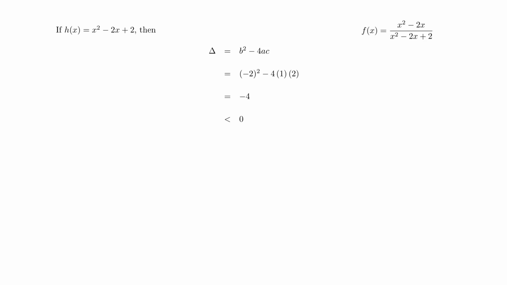Hopefully, you remember that if the discriminant is negative, there are no real solutions to our quadratic equation x squared minus 2x plus 2 is equal to 0. And if the discriminant is greater than or equal to 0, there are either 1 or 2 solutions. Since our discriminant is negative 4, there are no solutions, and if there are no solutions, it follows that the quadratic cannot be factorized.